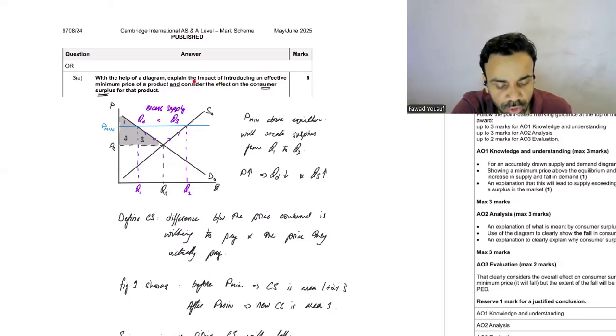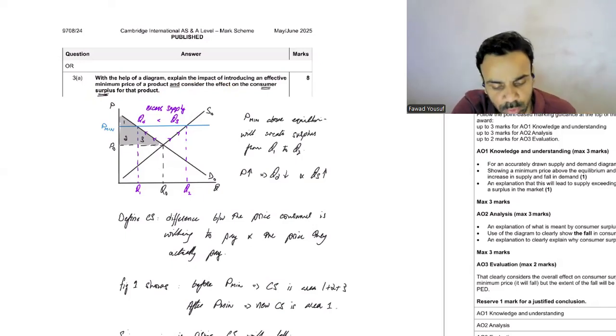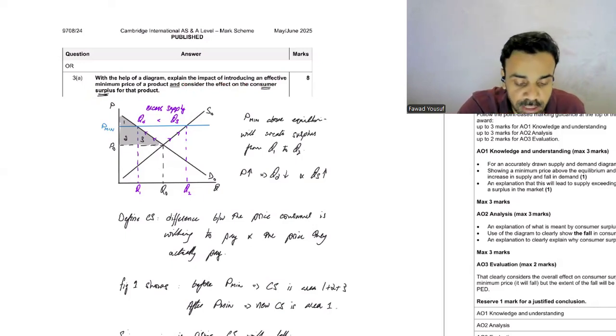The second part is not begging for a diagram, but I have seen questions in the past, and we have done those questions earlier, demand, supply, and elasticity के अंदर, that sometimes they even take this and they would like to see a diagram for it. Especially अगर पहले part में जो diagram है that can show that relevant bit of it.